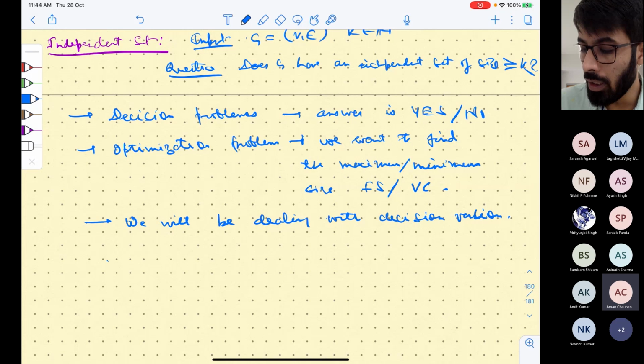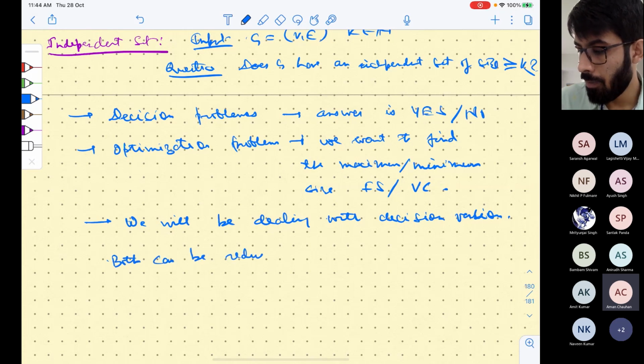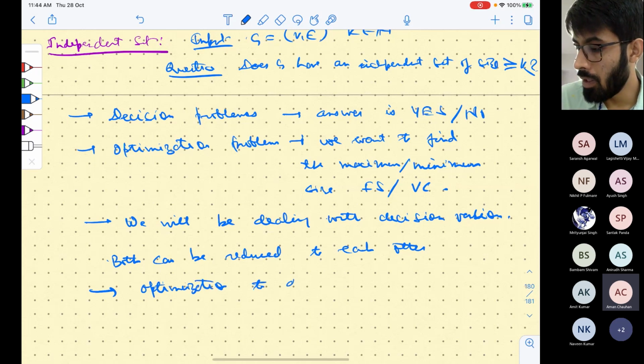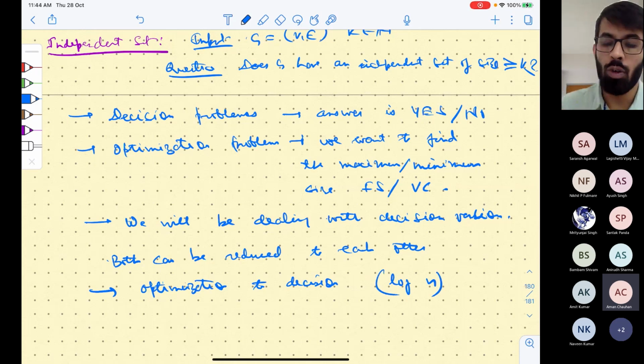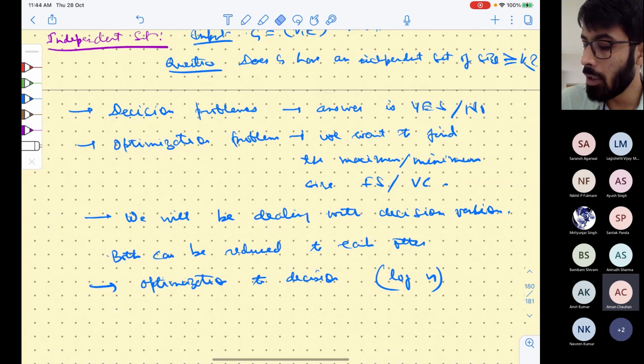So both can be reduced to each other. For optimization to decision, it will take, let's say, log n steps if we want to reduce optimization to decision. Because now you ask for n over 2, then you make a binary search sort of. But decision to optimization reduction is very easy. That is one step.